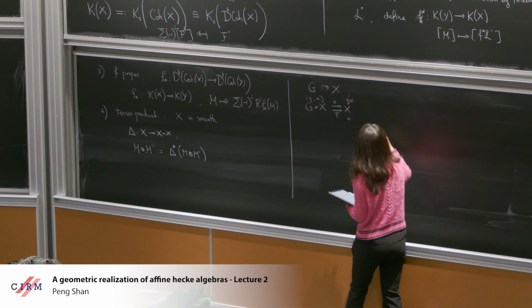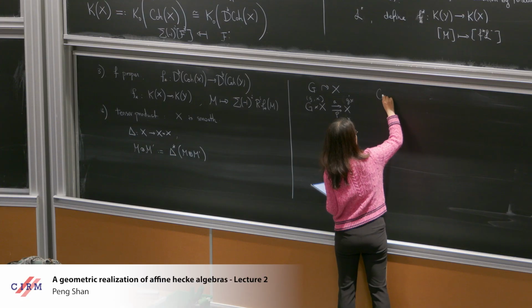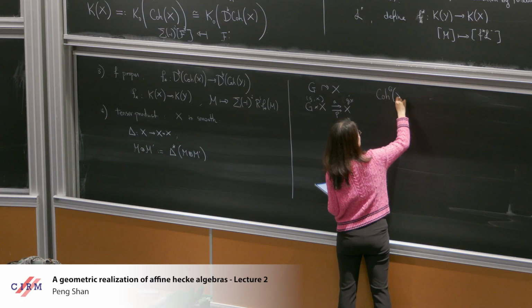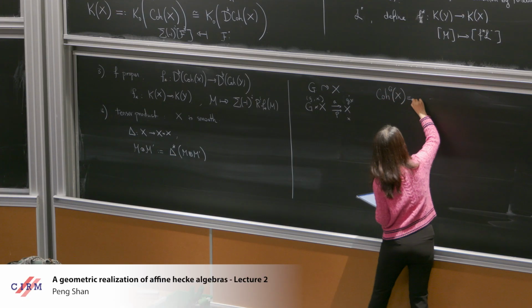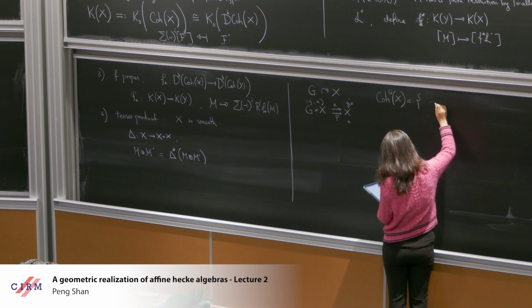And what is a G-equivariant coherent sheaf on X? It is, by definition, a pair of data.